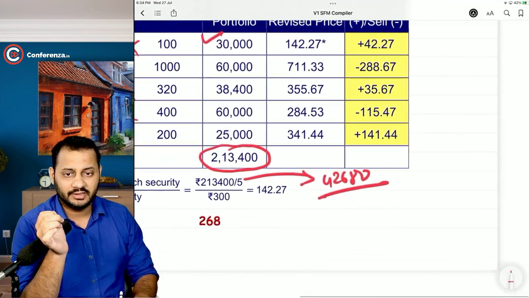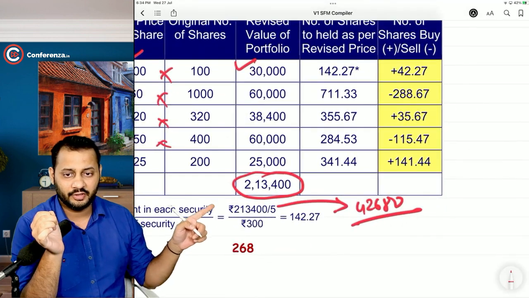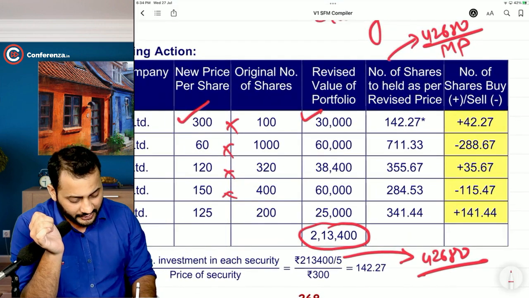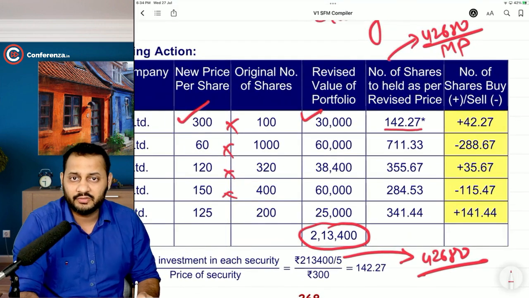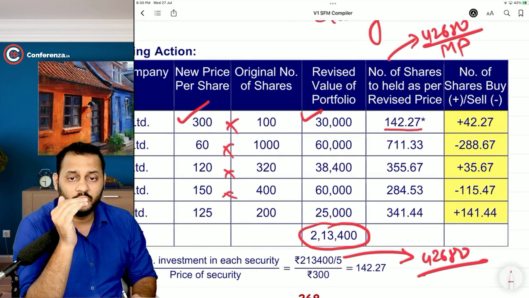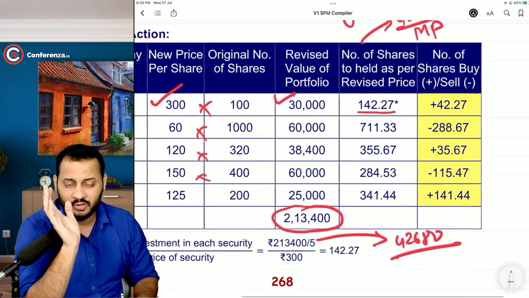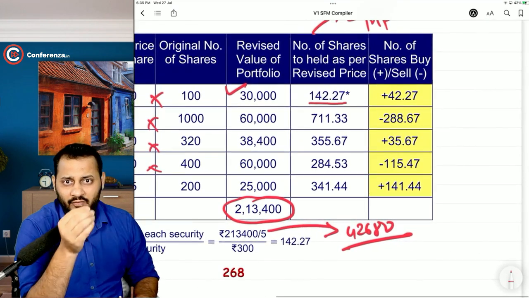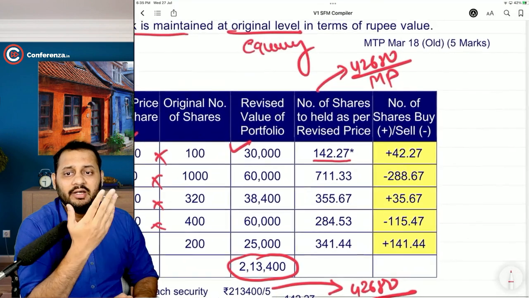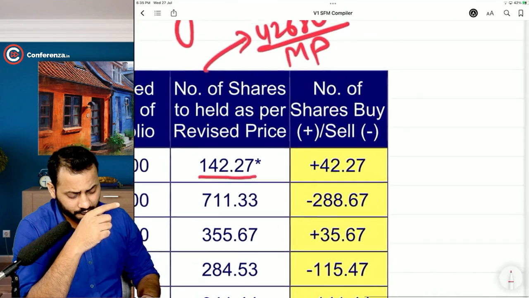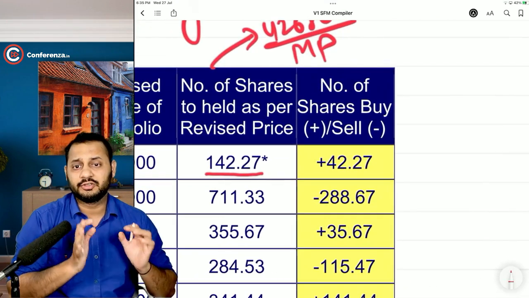So once you do that, see, for the first stock, 42,680 divided by 300. This is the 300. So the number of shares that you should hold is 142.27. The purpose is to keep the balance equal in all the stocks. So whatever is the current portfolio value, divide by 5 and then divide that amount by the new price, and you will get the number of shares to hold.